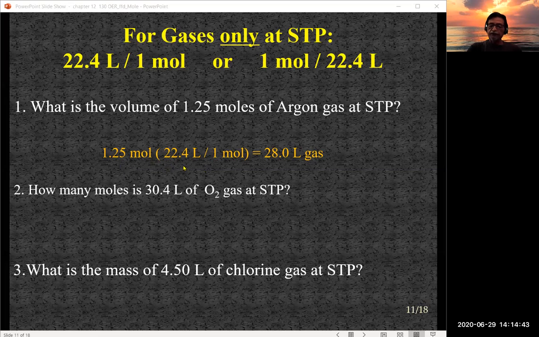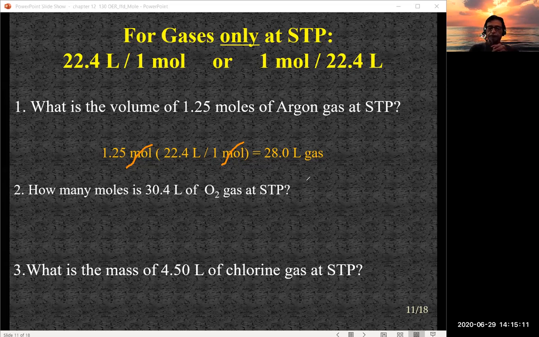We're at STP, then we can use that relationship with liters in the numerator and moles in the denominator, setting up the problem so that moles cancel out, leaving us with what we're looking for. So 1.25 moles of argon gas will have a volume of 28 liters.